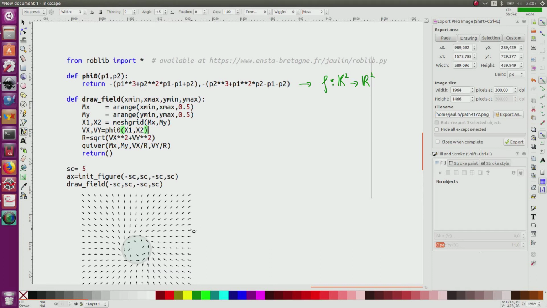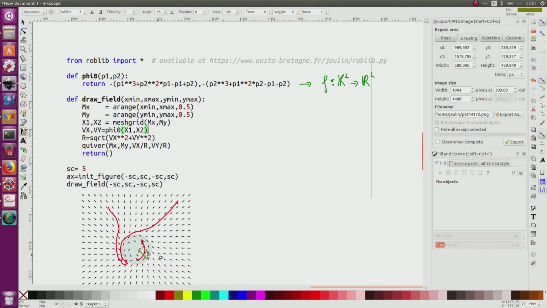So the field is represented here, and we can see that if I follow this field, I will obtain trajectories which converge counterclockwise to this disk for all initial conditions. I have different trajectories even if I start from inside the disk. So this disk has a radius equal to 1.